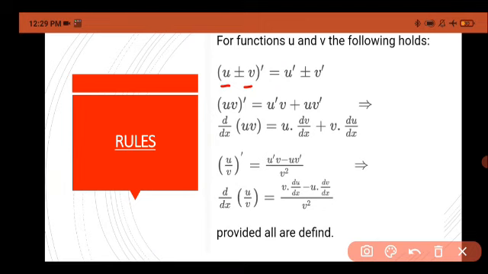Okay, the multiplication of u and v we are doing first, and then finding the differentiation will be equal to first finding the differentiation of u and multiplying it with v, and then finding the differentiation of v and multiplying it with u and adding, so that will be equal. Now u divided by v and then finding the differentiation will be equal to this formula.